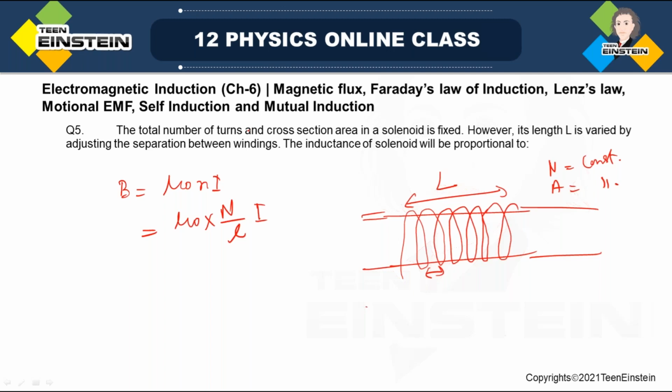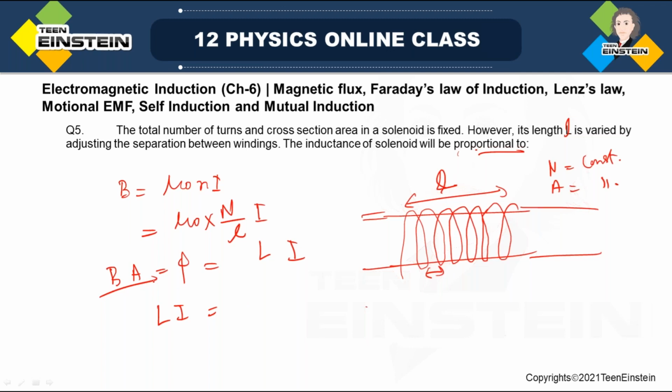Now the inductance of the solenoid is proportional to what? Again, this we know: B into A will be phi. So this phi will be exactly equal to L into I, where this L is self-inductance. So L i is equal to phi. That is what we will write. Phi means B into A, where A is the loop area for each turn.